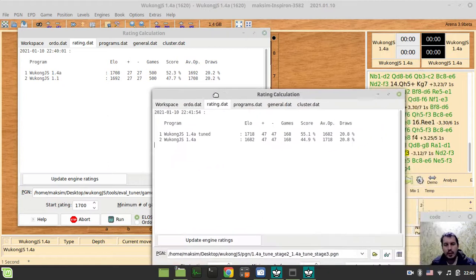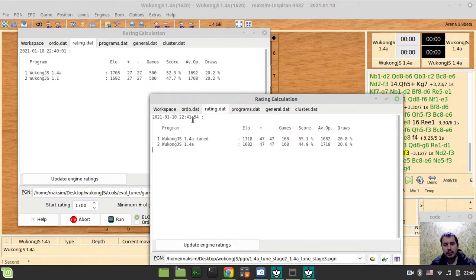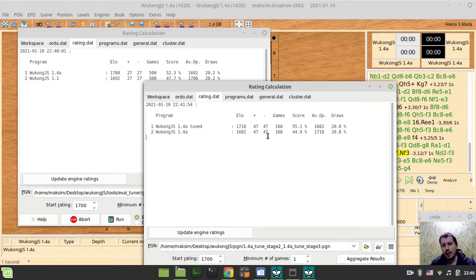And here is the recent match. Here I have 500 games, so the error is really less. But I dropped this one at 168 games because the rating wasn't really changing much. Probably I could have run a few more games, but the advantage was already staying quite nicely.